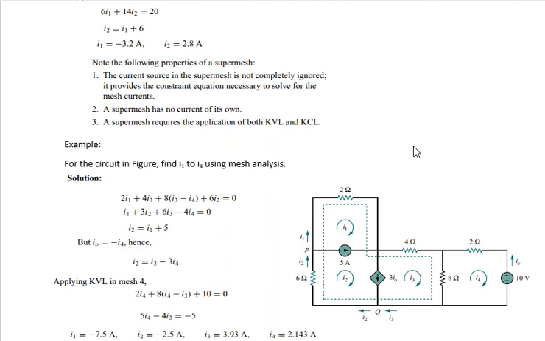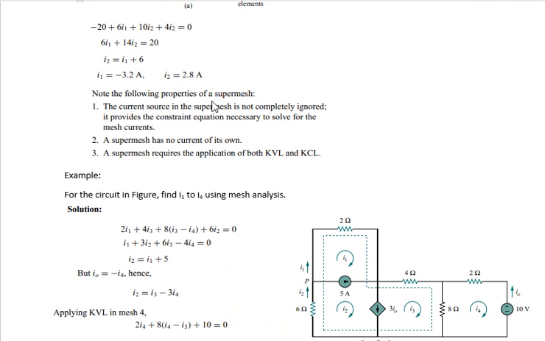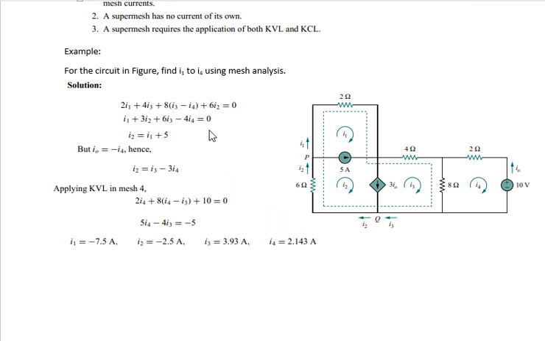Now, we have a procedure here, but I won't read it, so let's proceed to the example. In this circuit, we have loop 1, loop 2, and loop 3. In between loop 1 and loop 2, we have a 5 ampere current source.